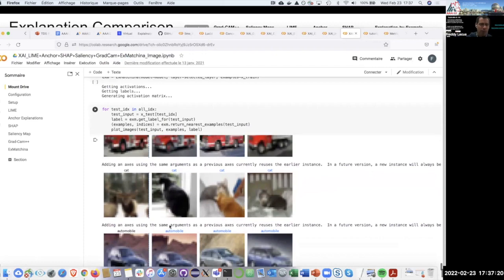But here at least it shows that when they tried to find a good representation for this picture, they clustered it where you have plenty of cats. And most likely this image here, you don't have many of them. So it's just one in the middle of many cats, which, if you see that, means I have something wrong with my data. So this kind of example-based explanation helps in debugging.